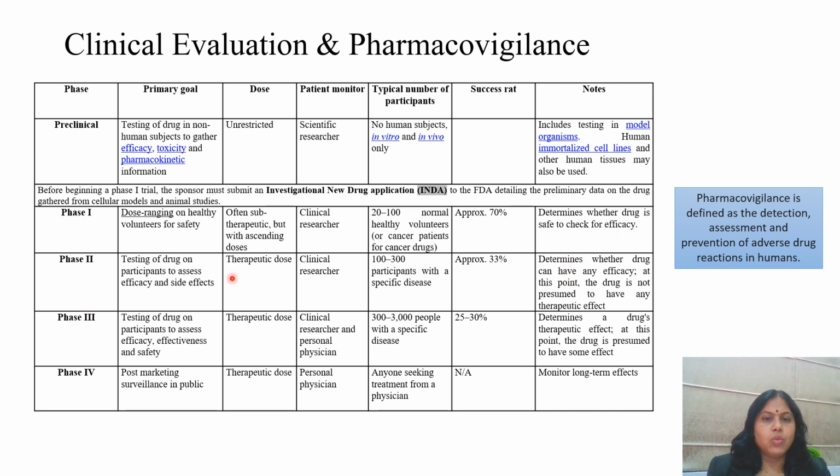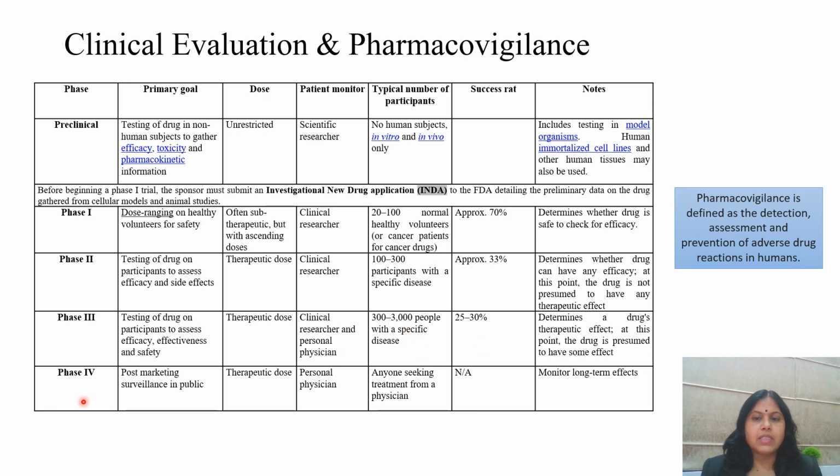In phase 2, patients with a specific disease are registered, and this study determines whether the drug has any efficacy, or whether it will give any therapeutic effect or not. In phase 3, 300 to 3000 patients are registered, and this helps determine the various therapeutic effects in detail.